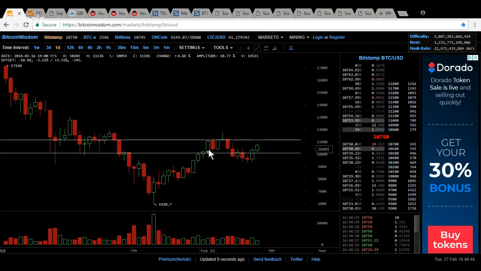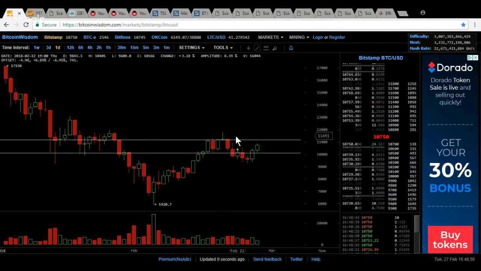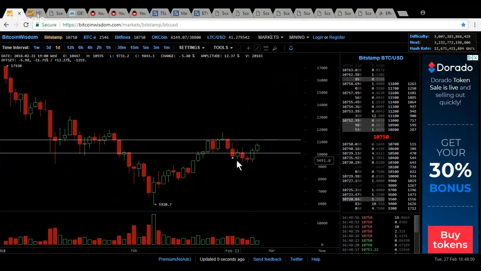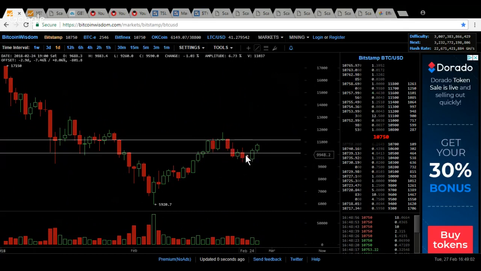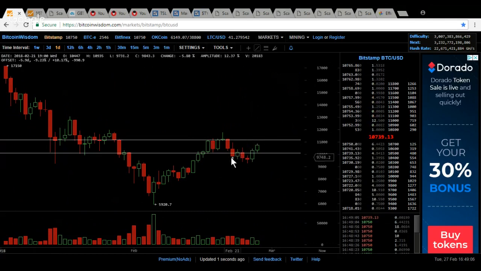And we spent 4 days and then a 5th day and then a 6th day trying to keep between them. We couldn't get above the 11.1, but we wouldn't fall below the 10.1. But then for the last 5 days, we couldn't get back to the 11.1. We hugged the 10.1, both in terms of high, lows, and closes until today.